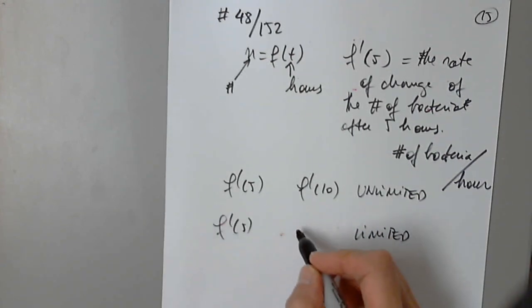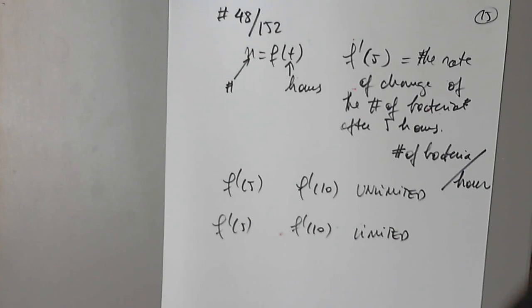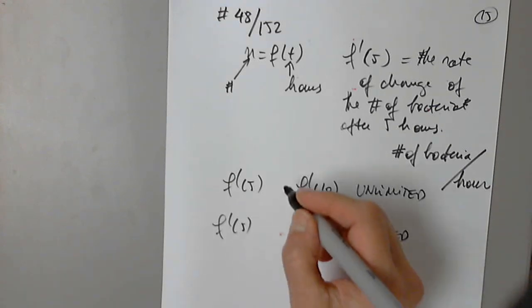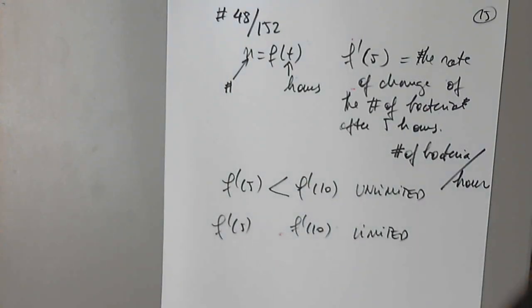F prime of 5 and f prime of 10. If the space is unlimited, when do you think the rate of change will be faster? When there are 5 bacteria, they will grow faster than when there are 10 bacteria. Chris already gave us the answer. He said absolutely when there are 10, because they can freely multiply as they like.